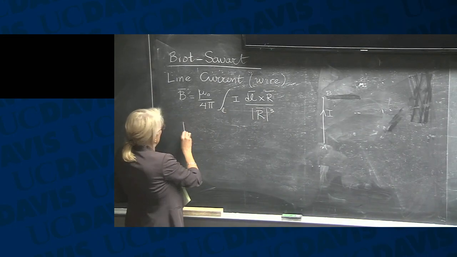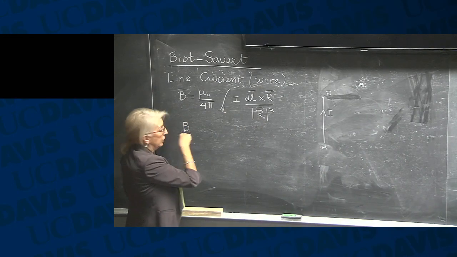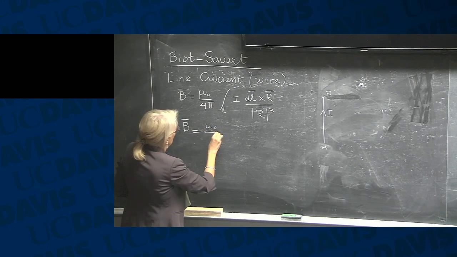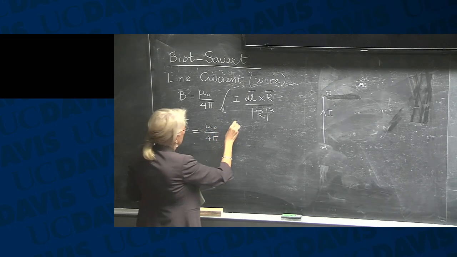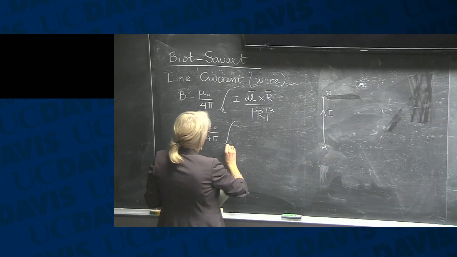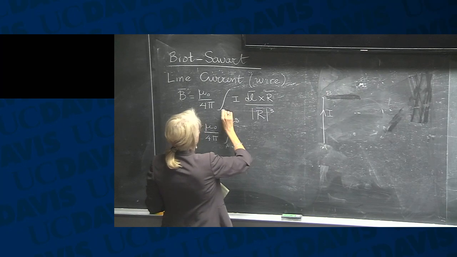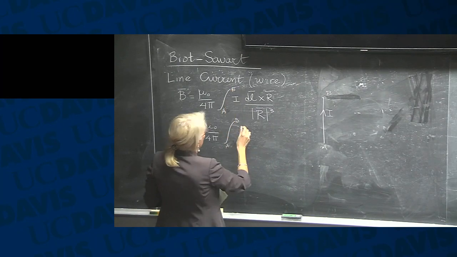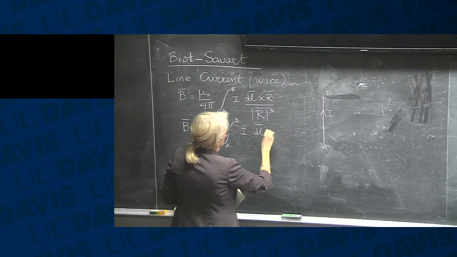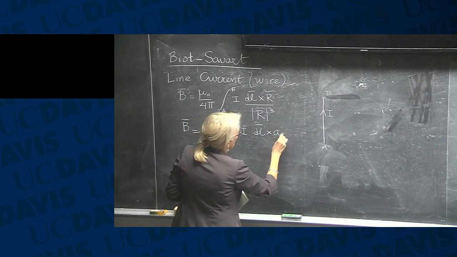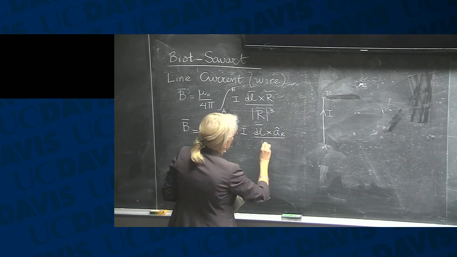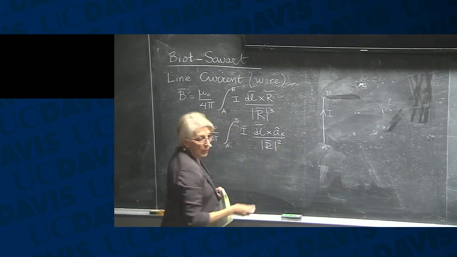Or, if we remember from electrostatics, this can be written, and this will be obviously from A to B, all right? A to B here. I dl cross a sub r, which is the unit vector, and I will explain what those are, over r square.